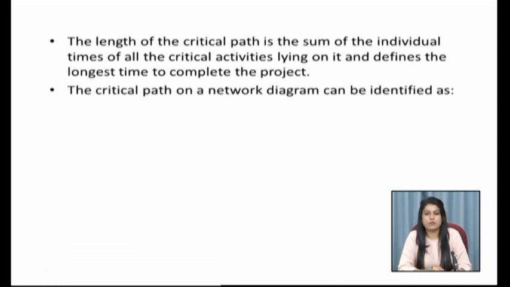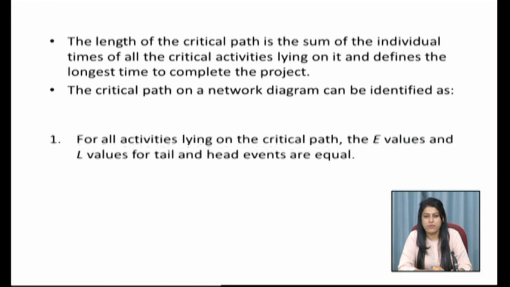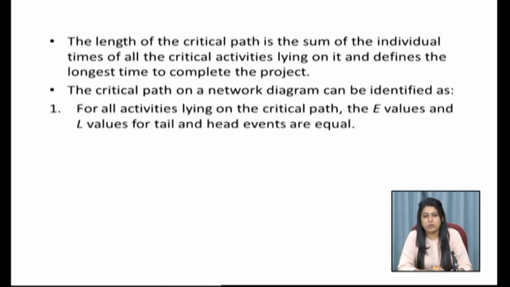The critical path on a network diagram can be identified as follows: for all activities lying on the critical path, the E values and L values for tail and head events are equal. Let us repeat.